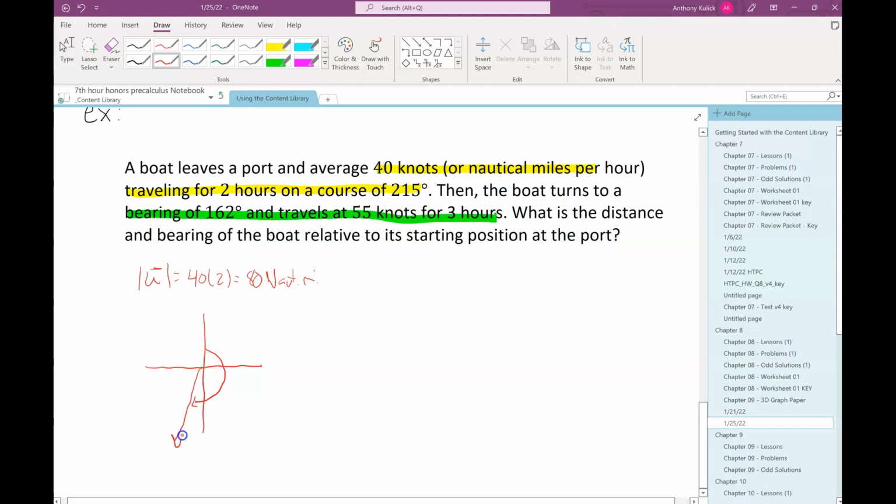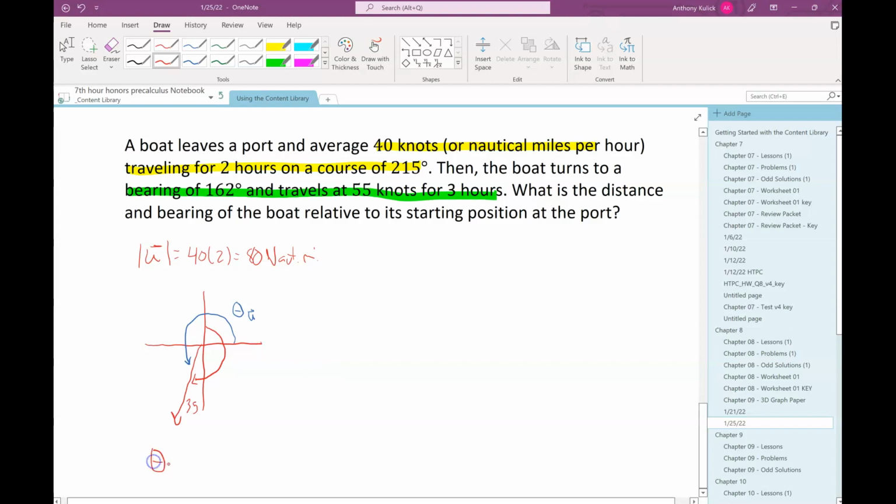So 215 is over here. So this little wedge is 35, right? 180 plus 35 would give me 215. But what we really want is this direction. So in this case, it's going to be 270 minus 35, or 235.